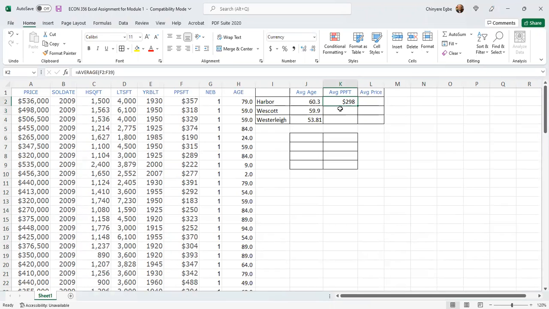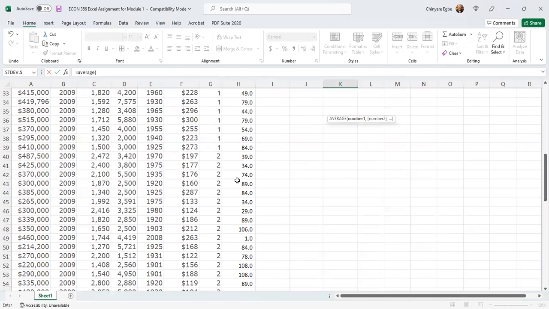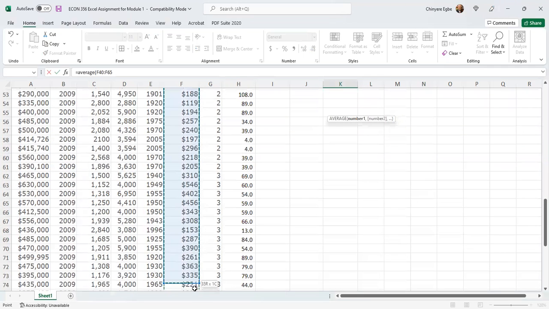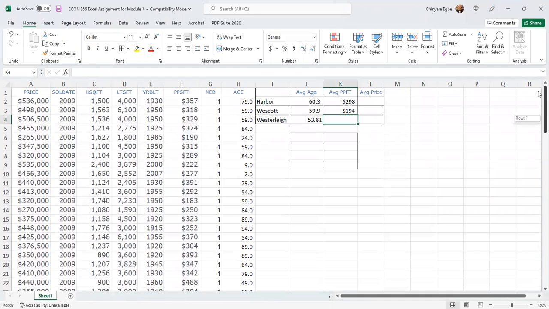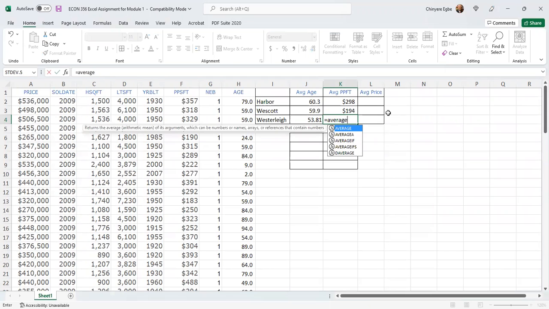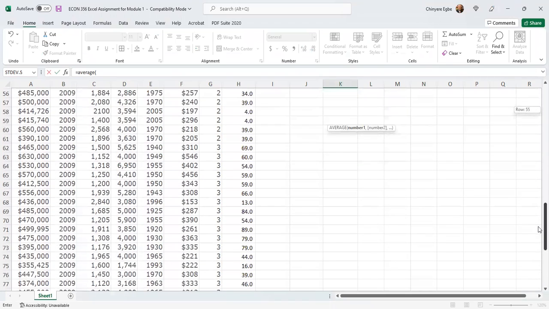And for neighborhood 2, price per square foot. For neighborhood 3 equals, be patient. This is a class of patients. Price per square foot for neighborhood 3.